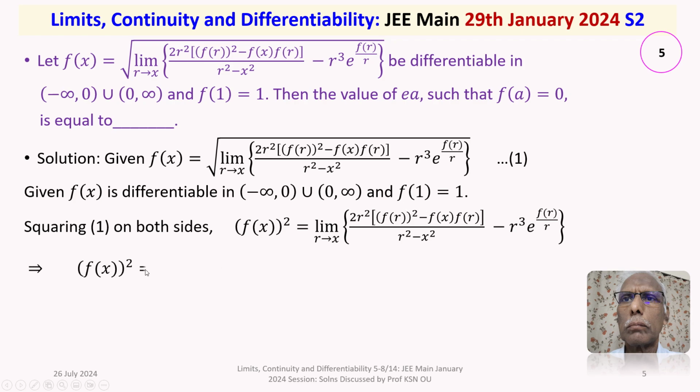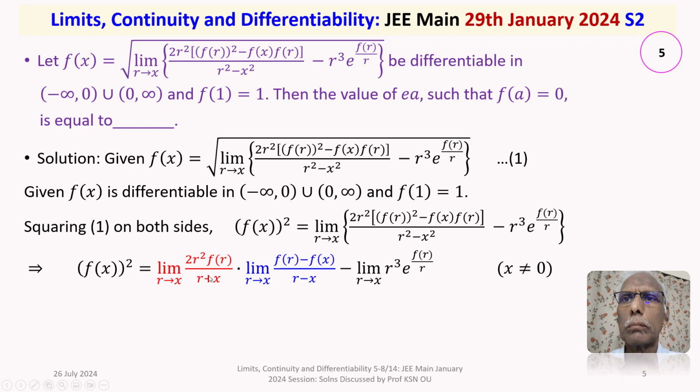So f of x whole square is equal to limit r tends to x of 2 into r square into f of r by r plus x into f of r minus f of x by r minus x, minus limit r tends to x of the second term, that is r cube into e to the power of f of r by r. Remember, x not equal to 0.